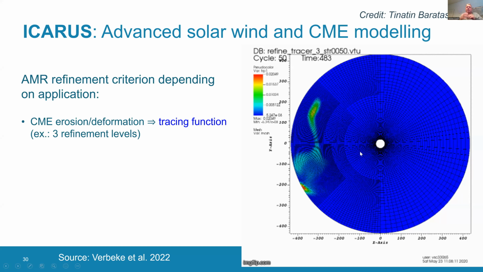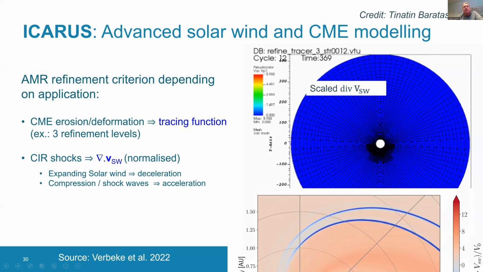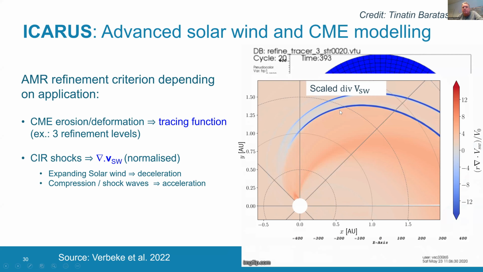So, of course, we save a lot of CPU time doing it this way. This is using a tracing function, but we can have different AMR criteria. If you want to do the shocks, for instance, in a co-rotating interaction region, we can use the divergence of the velocity as a criterion.